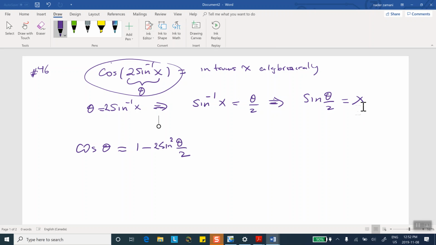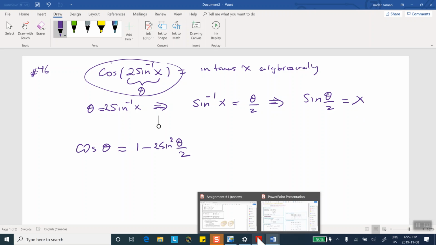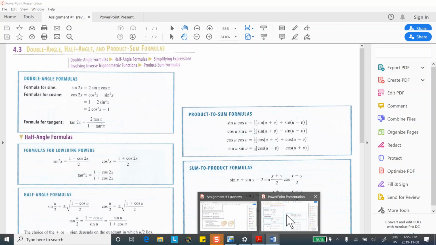Now notice that I'm referring to the formula on the top left box, the one that says cosine of 2x equal to, except that I don't have 2x, I have theta. So if that 2x is theta, x is theta over 2.